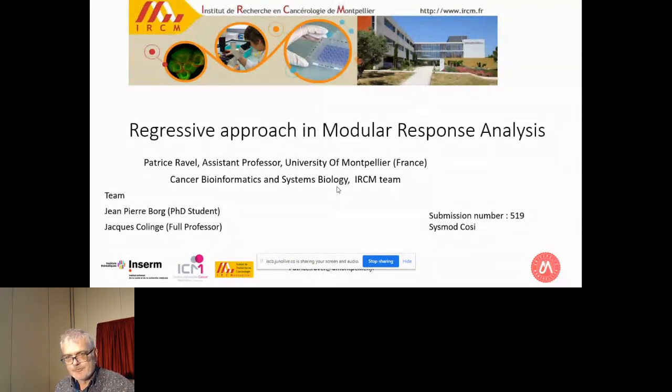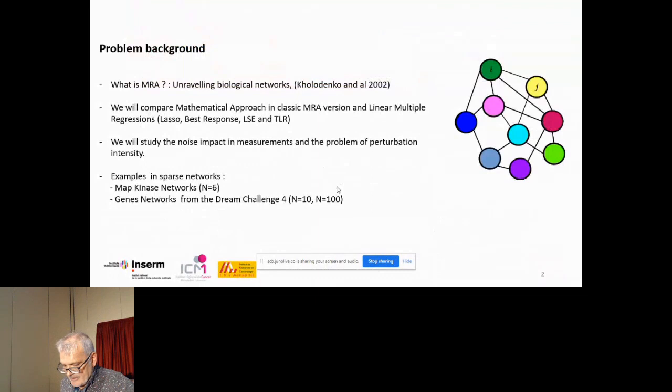So I'm going to speak about a specific model, which is modular response analysis. Modular response analysis is a mathematical method which unravels biological networks, and this method was developed firstly by Kholodenko in 2002.